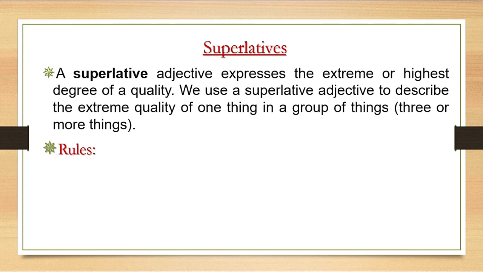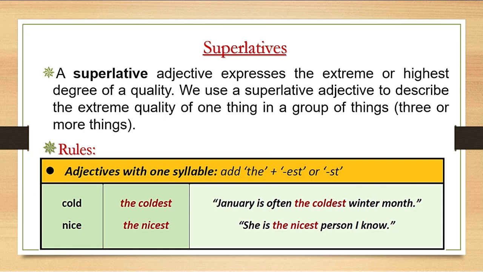Now, let's take a look at the rules. For rule number 1, adjectives with one syllable, you need to add est or st. You can see in the example. Cold, it becomes the coldest.